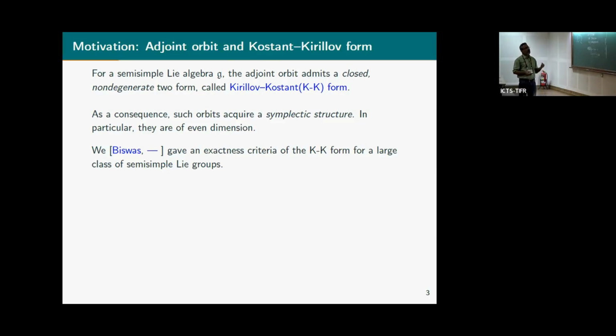Since this form is a closed form, it induces a second cohomology class. So this question of computing the full second cohomology class for these orbits came naturally to us.